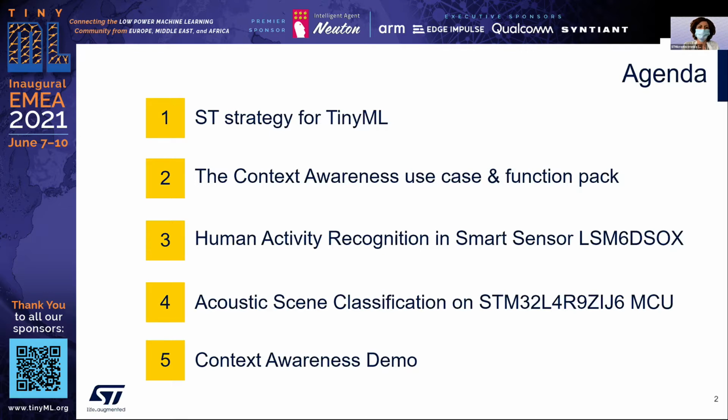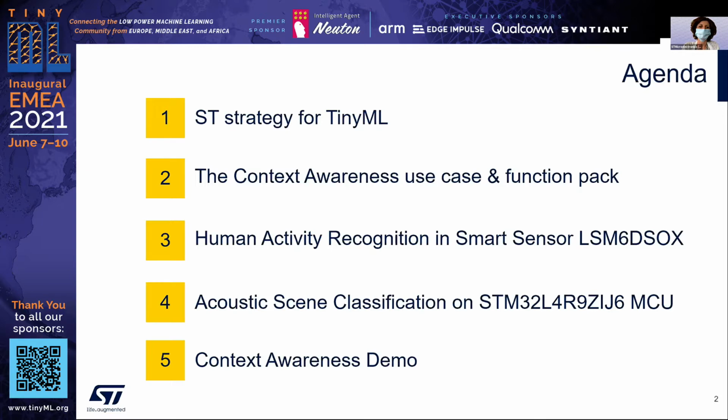Then we will go into more detail about the two algorithms that are implemented in this context awareness. The first is human activity recognition, a machine learning algorithm running directly on the smart sensor and inertial module, the LSM6DSOX.